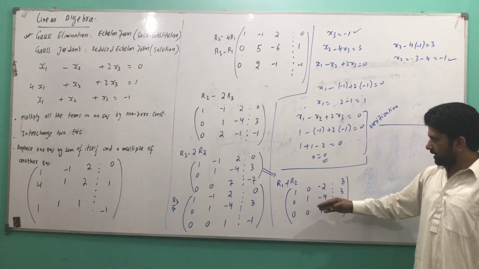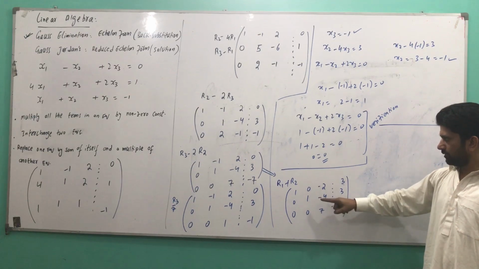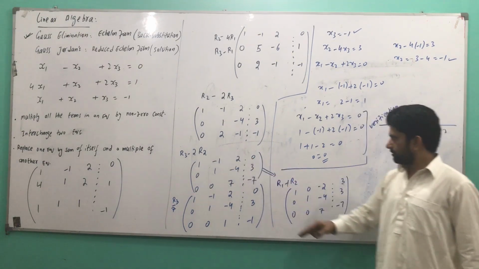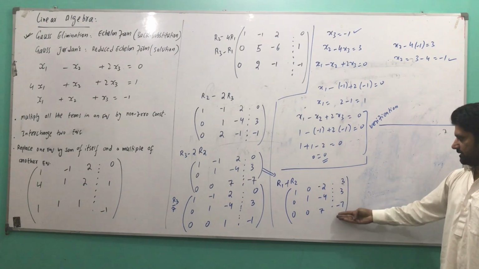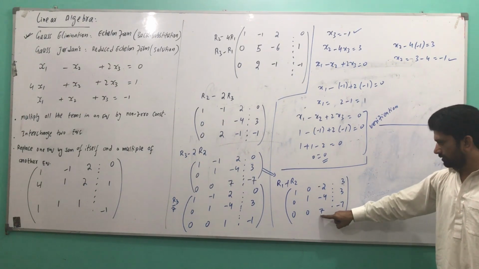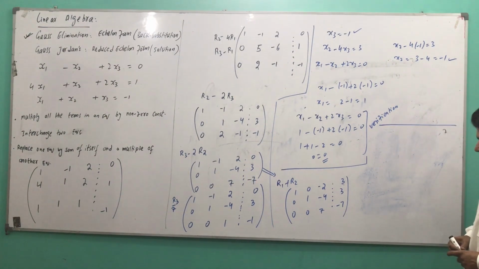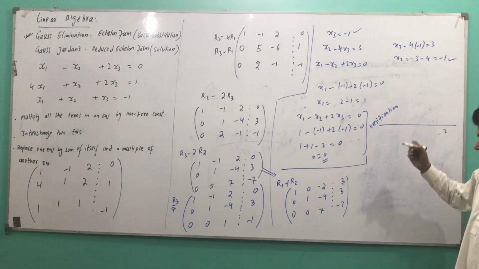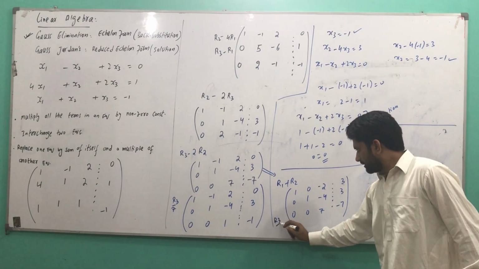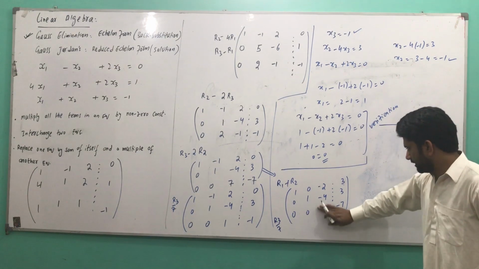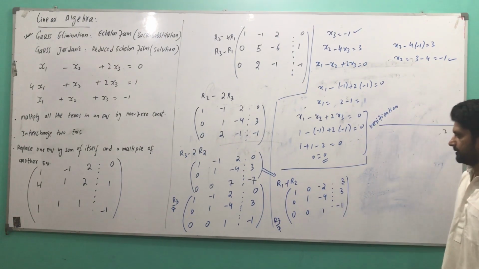When you add the R2 row to R1, this you have seen is 0. So minus 4 plus 2 minus 2, and this 3 plus 0 is 3. Now you need this 1. So R3 divided by 7. So when you divide R3 by 7, you have 1 here, and this will be minus 1.